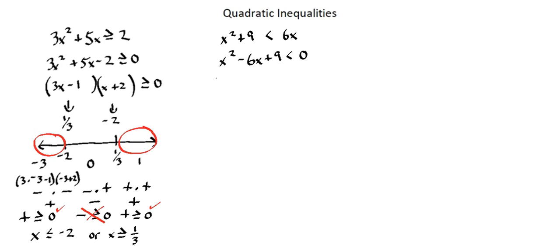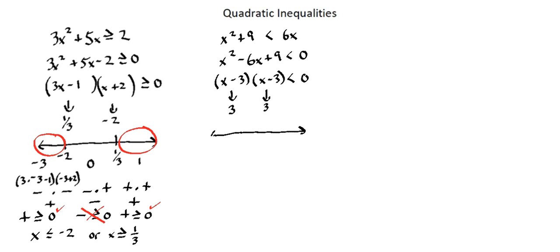We can now factor: (x minus 3)(x minus 3) is less than 0, and the relevant x values are 3 and again 3. So we have one critical point in this inequality.